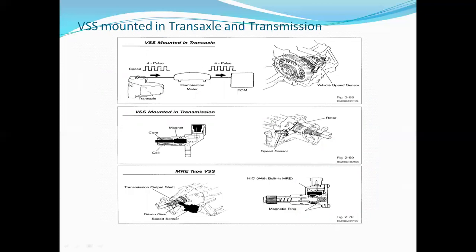Here, the pulse will be generated by the sensor, and that will send a signal to a bus interface system that is connected with respect to a combination meter, and that will give the feedback signal to the ECM, and this ECM will be directly connected to the controller, and the controller will take the necessary action either to decrease the speed or to increase the speed, nothing but the acceleration process.